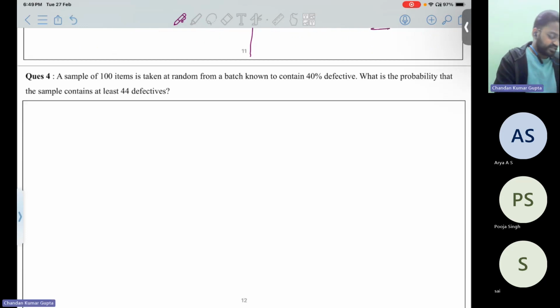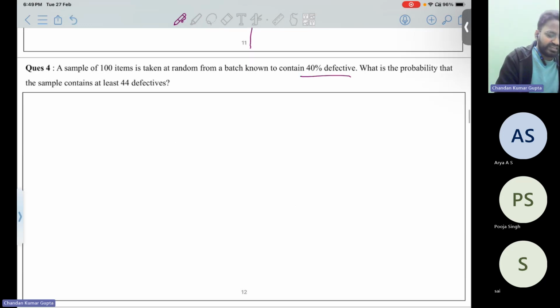Now, the next question is: a sample of 100 items is taken at random from a batch known to contain 40% defectives. What is the probability that the sample contains at least 44 defectives?